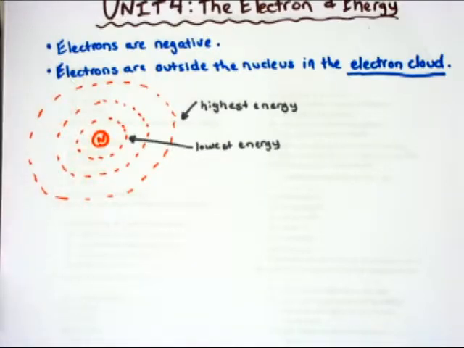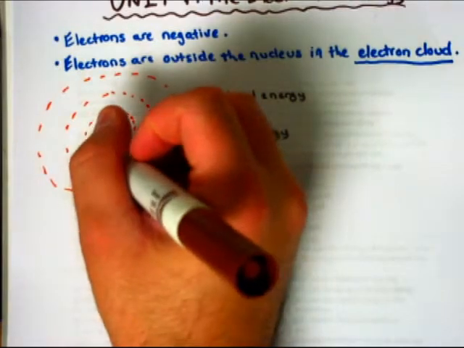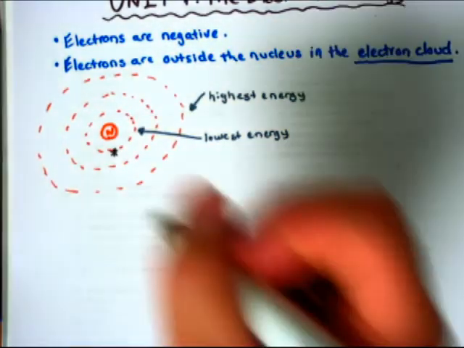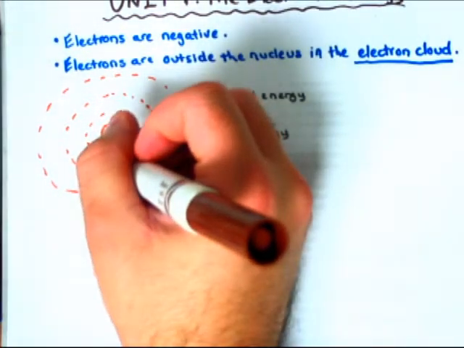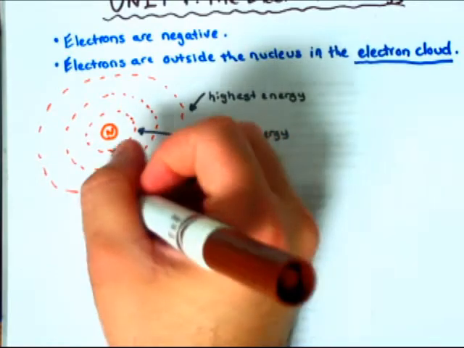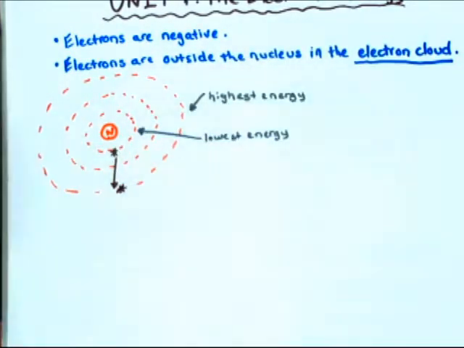I'm going to give you 2 instances real quick, 2 different things that could happen. Let's show this one first. There's an electron right there, and let's say that the electron is shifted to this outer level, to a higher energy level.